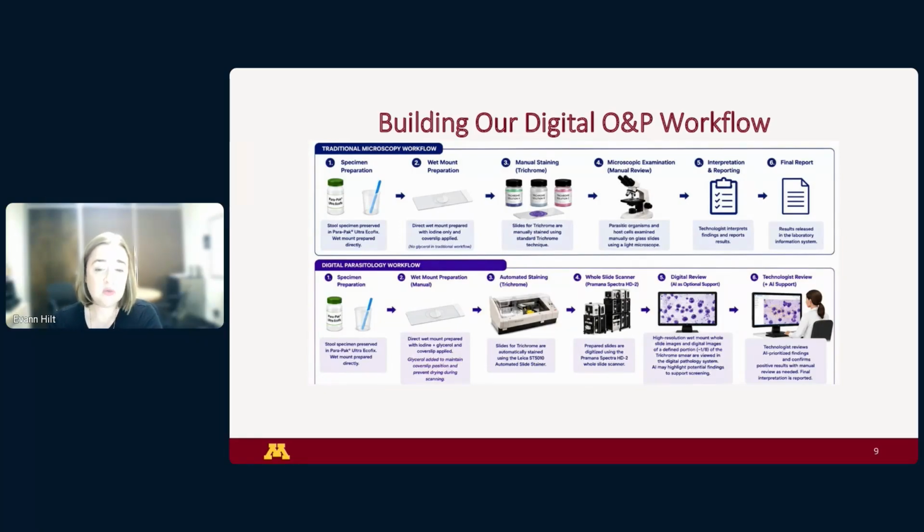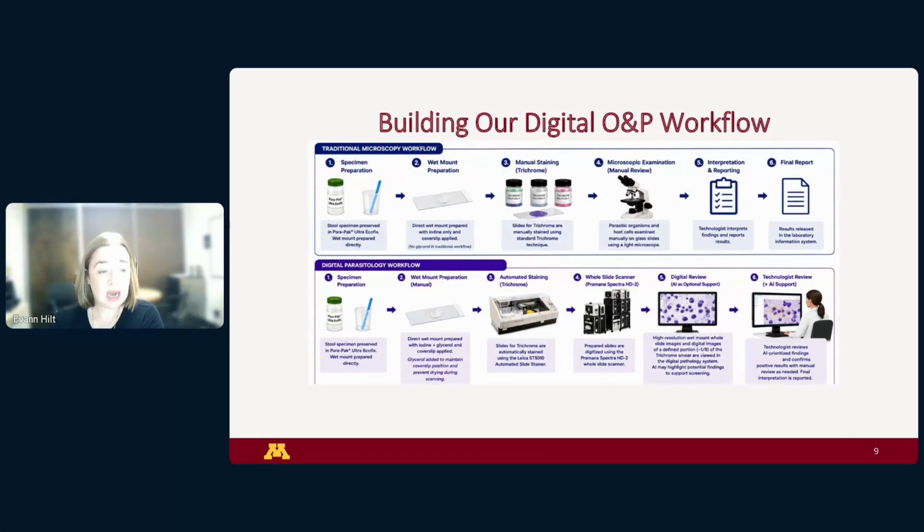Then what we do is we have our technologists review those slides and review what the AI-assisted program has called, like, oh, maybe this is an egg, or maybe this is a type of parasite here. This is what it looks like. And then again, going off of their expertise, they either agree with that call or they don't. So if it is a full negative, they will call it negative and just report it out into the chart.